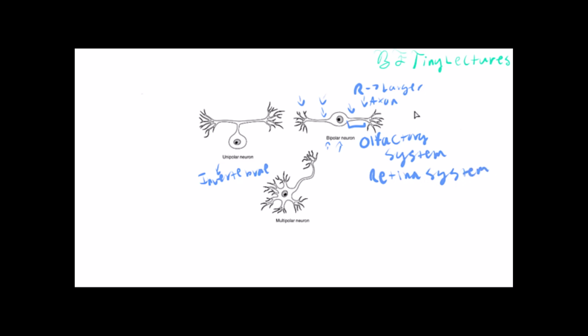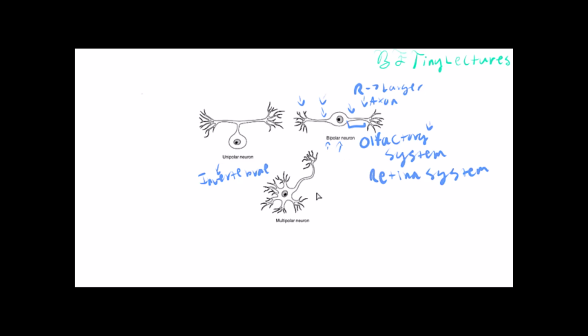You can think of the olfactory system as part of the lower brain where the nose connects to the brain. Not the nose connecting to the brain, but the nerves from the nose connecting into the brain. That would be part of the olfactory system. And also the eyes. So the retina system would be using the bipolar neurons.